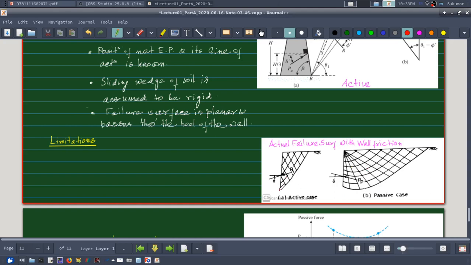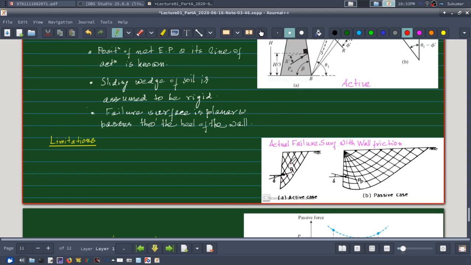In the active case, this curvature is not much, because this angle is 45 plus phi by 2 with the horizontal, and therefore I quickly get a straight line, and therefore the error involved in using Coulomb's theory for active earth pressure calculation is less.